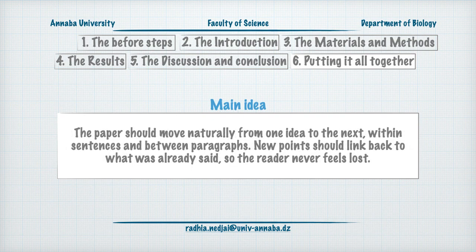The main idea here is that a paper should move naturally from one point to the next, within sentences and between paragraphs. New points should connect logically to what comes before, so the reader can follow the argument without confusion.